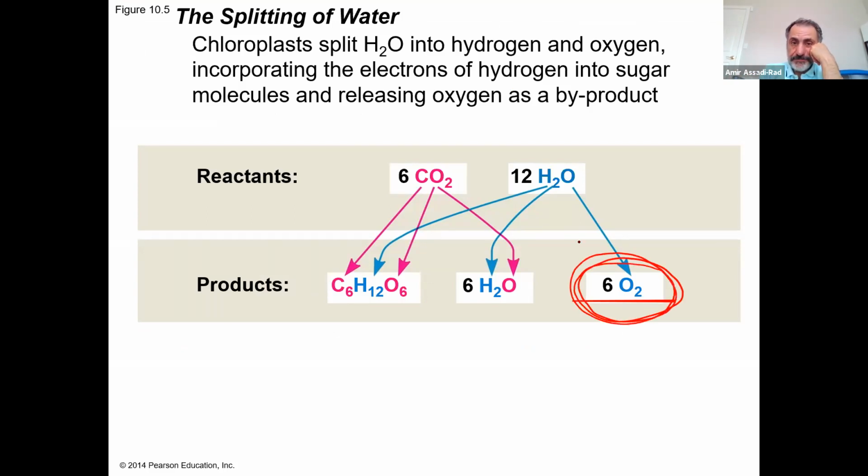Scientists made the carbon dioxide radioactive, and the carbon, of course, appeared in the glucose molecule, and the oxygen of the carbon dioxide was incorporated in the glucose molecule. And the water is also another end product of photosynthesis. The oxygen in the water molecule came from the oxygen of carbon dioxide.